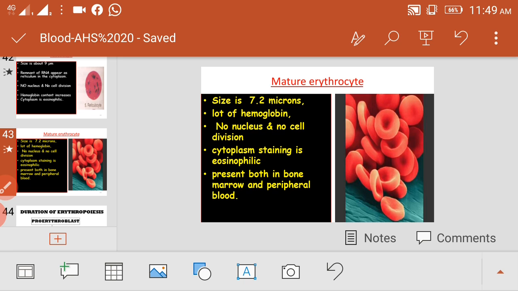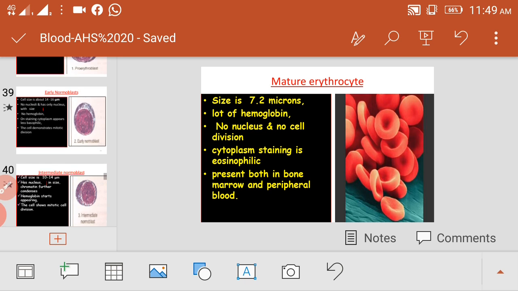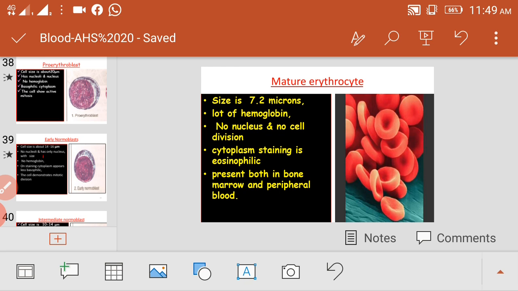If you look under the microscope at peripheral blood, it mainly contains mature RBCs. The reticulocyte, late normoblast and intermediate normoblast are not present in the peripheral blood. Peripheral means circulating blood, so mainly it performs the function.